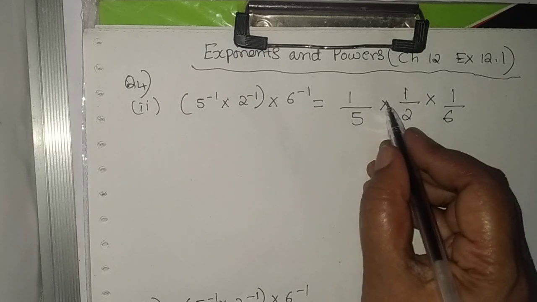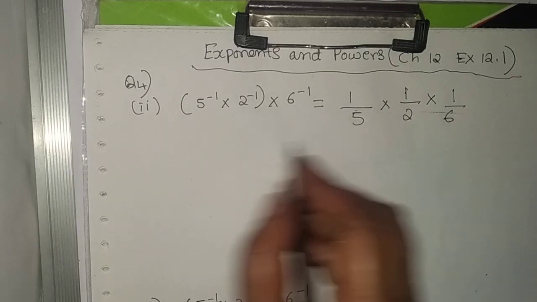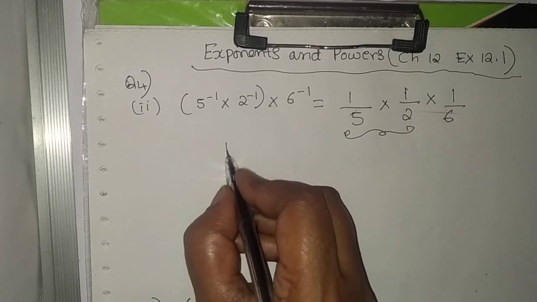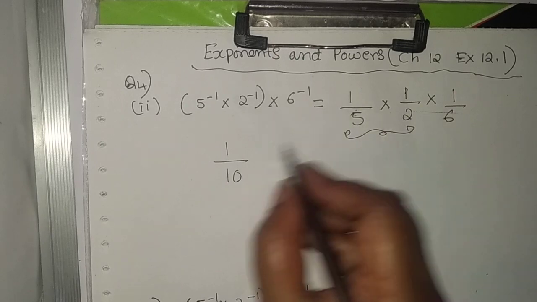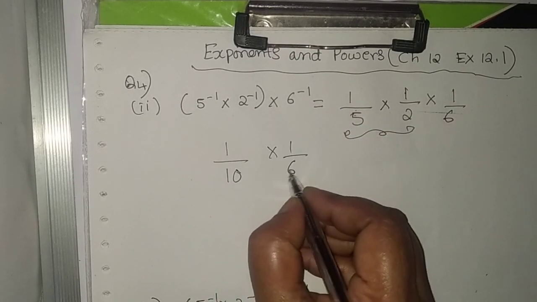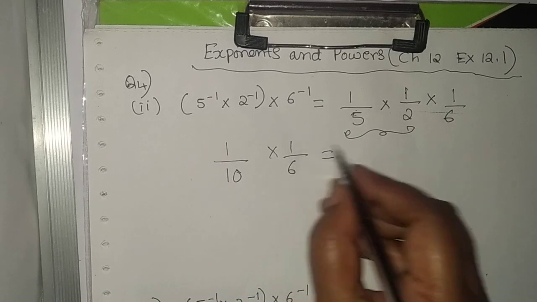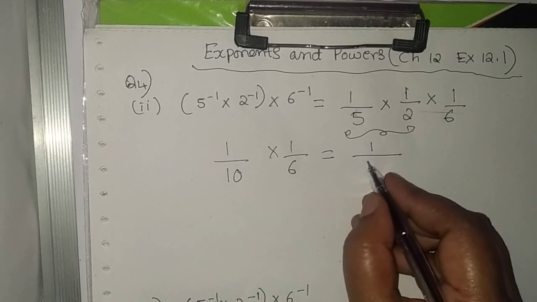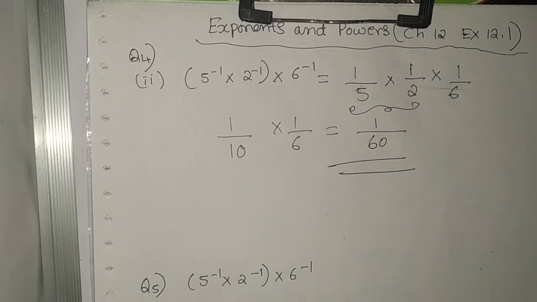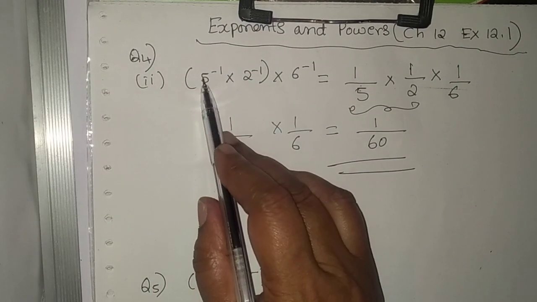Same thing, no need of taking LCM, directly multiply. That is 1 by 5 into 1 by 2 will become 1 by 10, that is 5 into 2, 1 into 1. Then 1 by 10 into 1 by 6 is 1 into 1 in the numerator, 10 into 6 is 60. This is the answer.